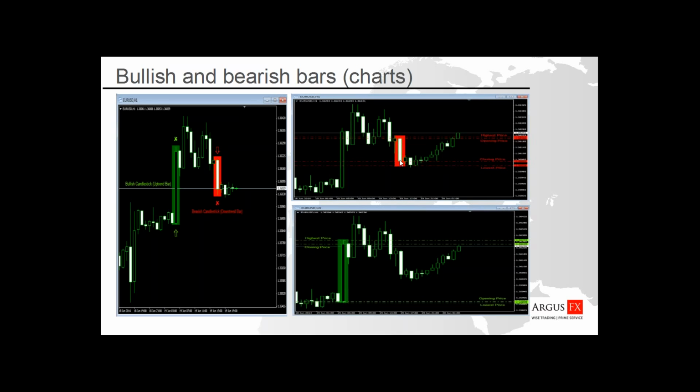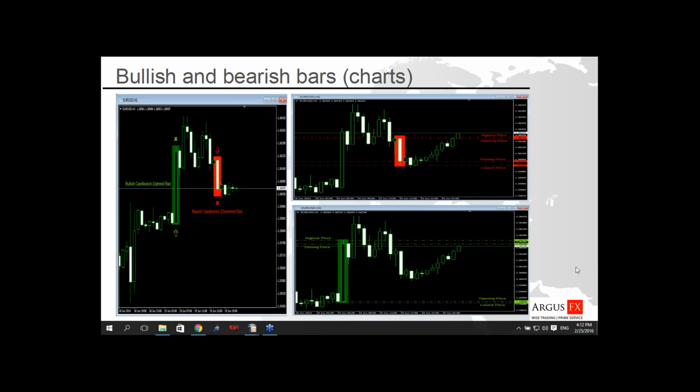Throughout this downtrend movement, we have also noticed the highest price and the lowest price. So as you can see, a bearish bar has a high opening price, a low closing price, the highest price reached at that point in time, which was a 1 hour bar, and the lowest price in that 1 hour.